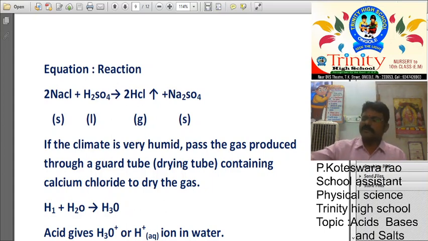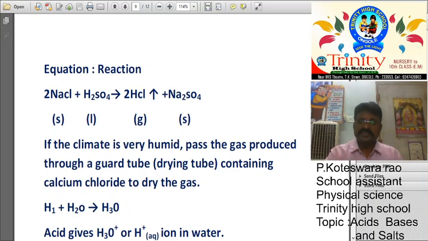Then immediately we dip that dry litmus paper into water. Now it is wet blue litmus paper. If you bring this wet blue litmus paper to the mouth of that HCl gas valve, then immediately it changes into red color.